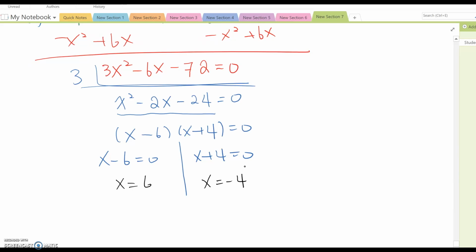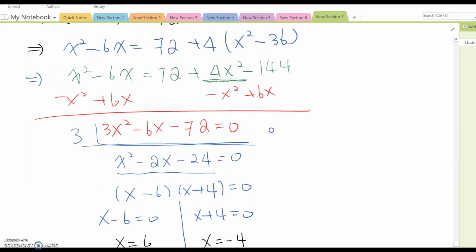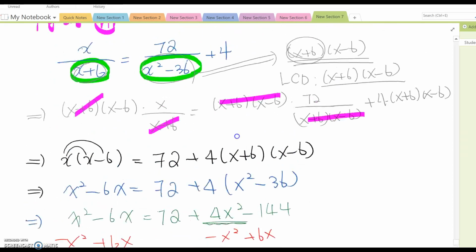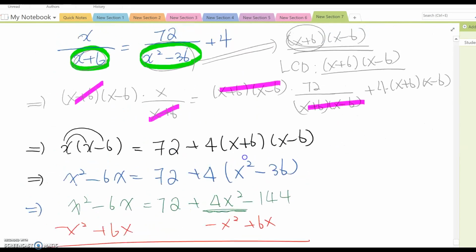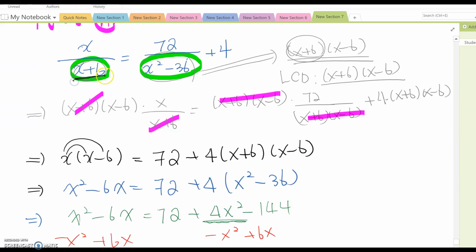Before confirming those answers, we must go back to the original equation and check whether either one or both make any fraction undefined. So we got x equals 6. So this is fine, but now this one, look at this.